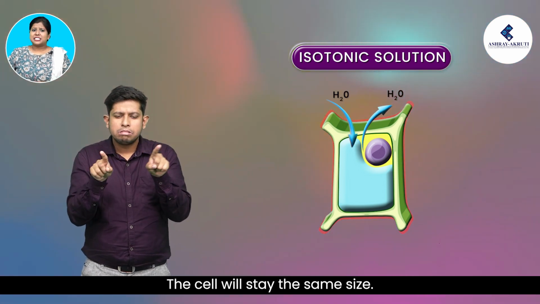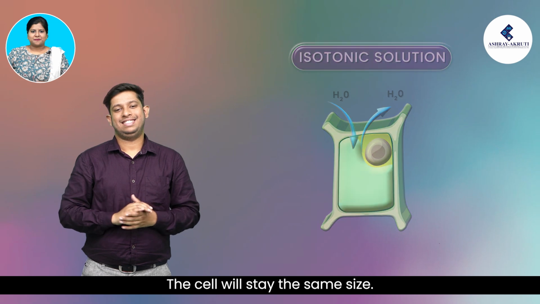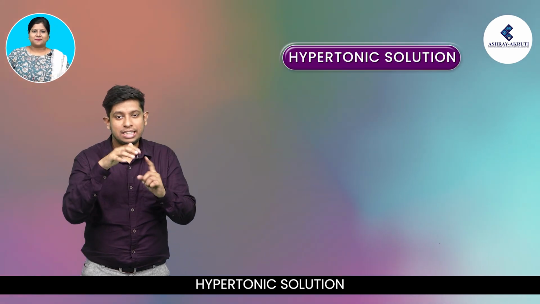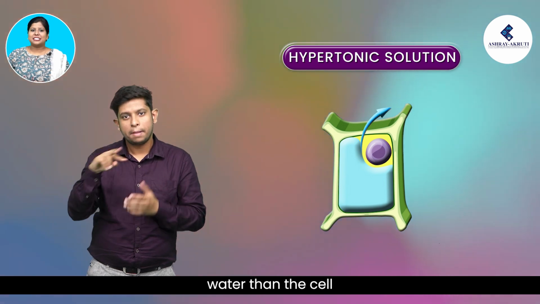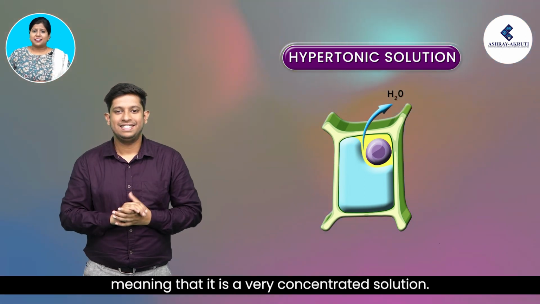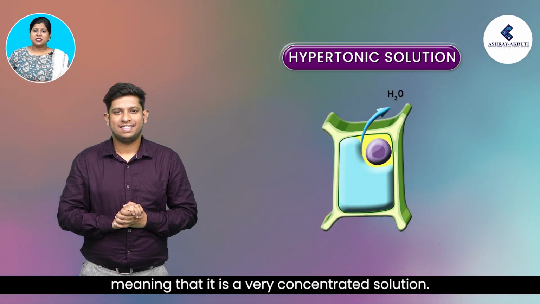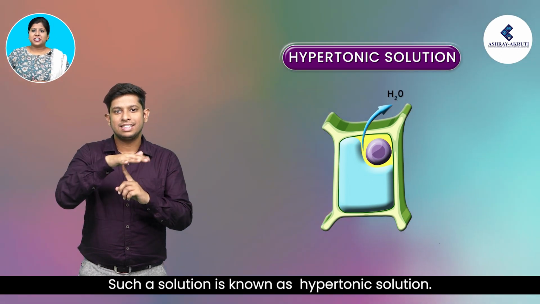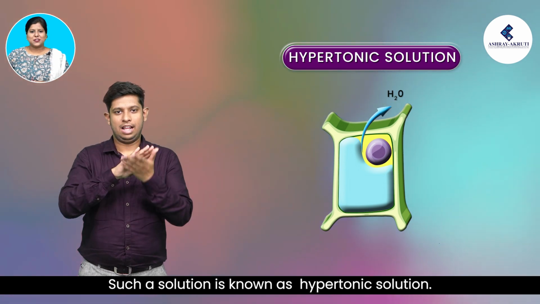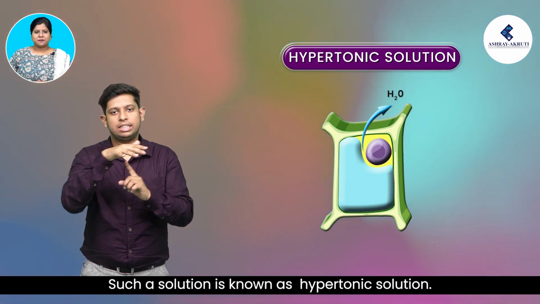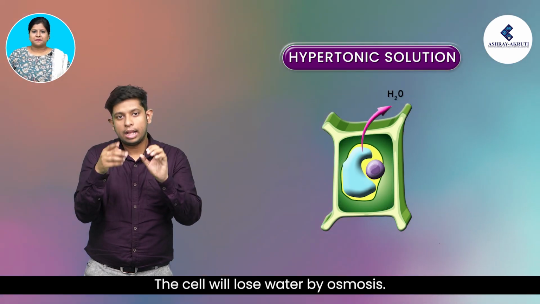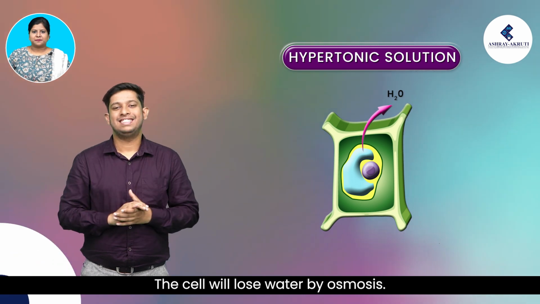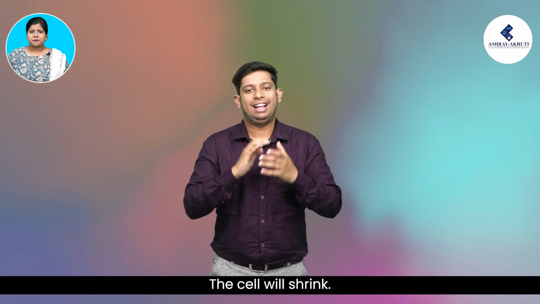The cell will stay the same size. Hypertonic solution. If the medium has a lower concentration of water than the cell, meaning that it is a very concentrated solution, such a solution is known as hypertonic solution. The cell will lose water by osmosis. The cell will shrink. It is very clear, right?